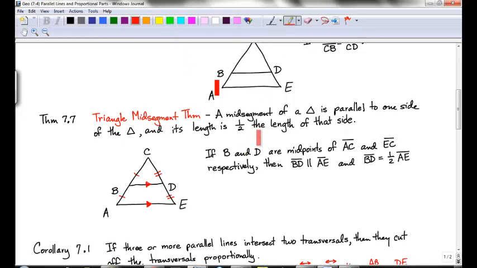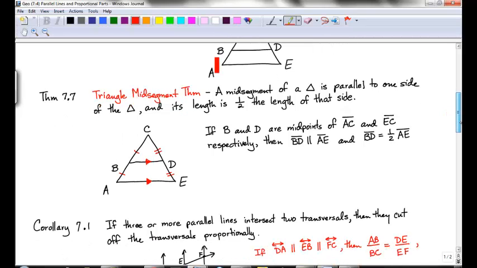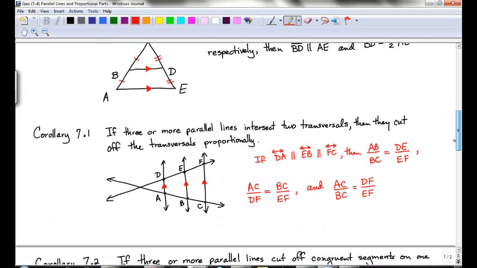If B and D are midpoints of AC and EC, then BD is parallel to AE. So you can go ahead and add the red arrows. And BD is half of this bottom line. Okay? And that's if these are congruent and these are congruent. Those I should already have marked on there.